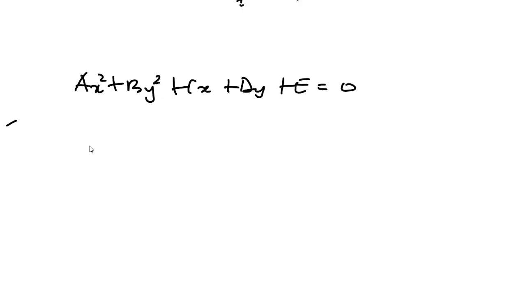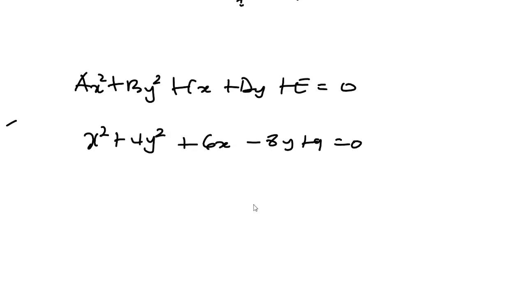For example, if we have the ellipse x squared plus 4y squared plus 6x minus 8y plus 9 equal to 0. Now when you have this, you can complete the squares to write it in the standard form.